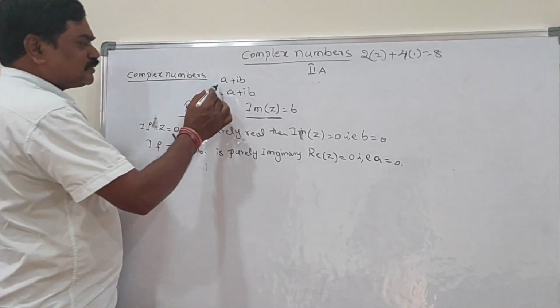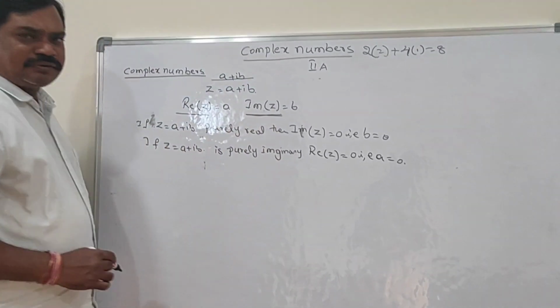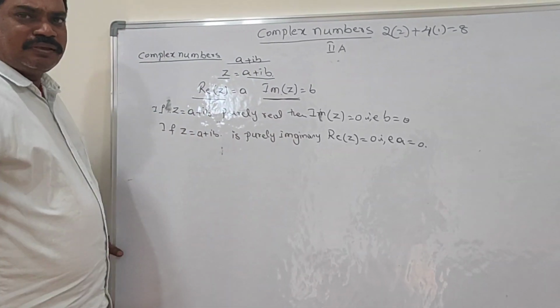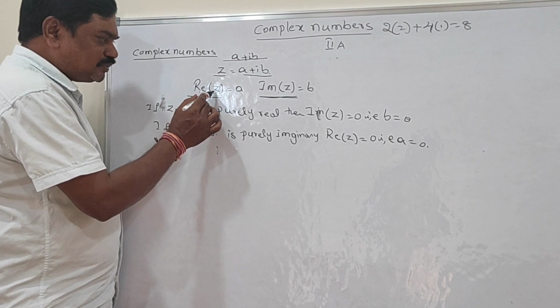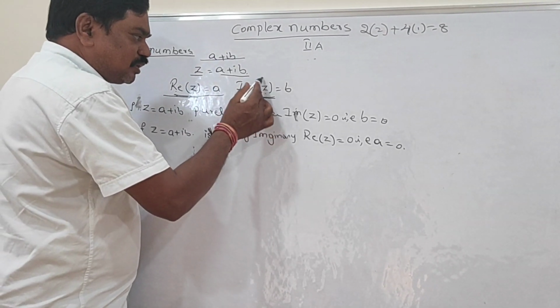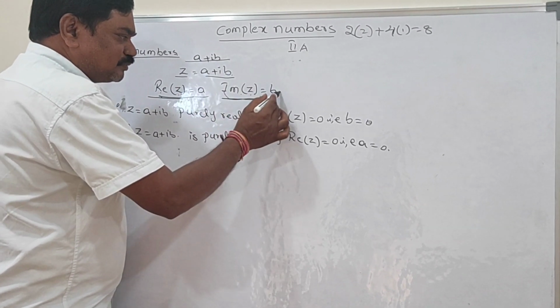So a plus ib is the complex number, denoted by z is equal to a plus ib. The real part of z is a, and the imaginary part is b.